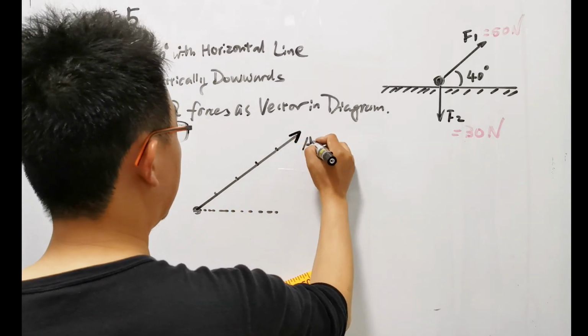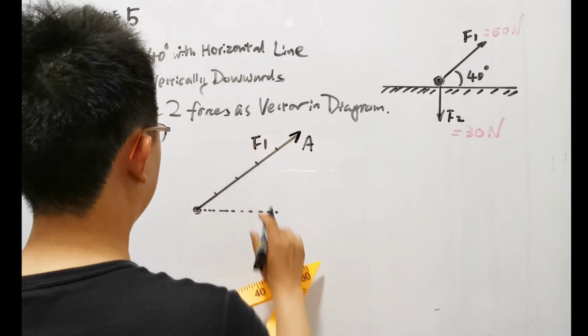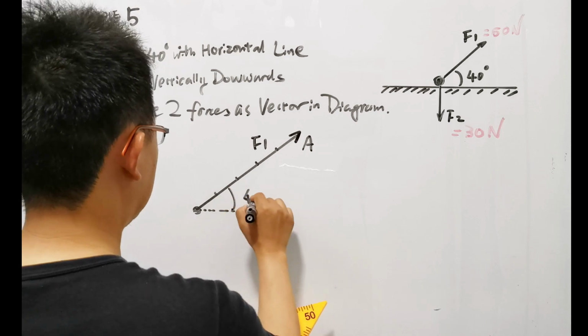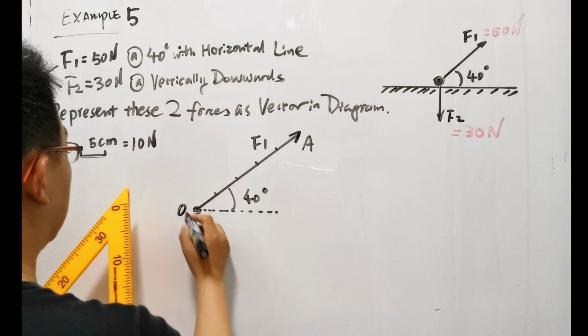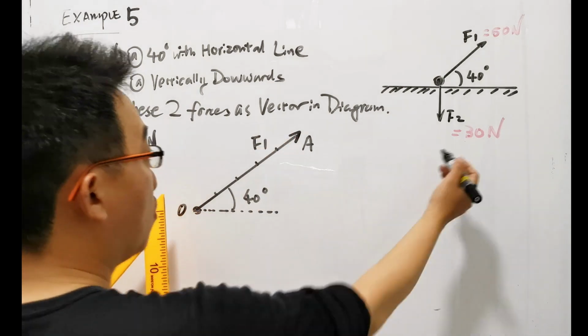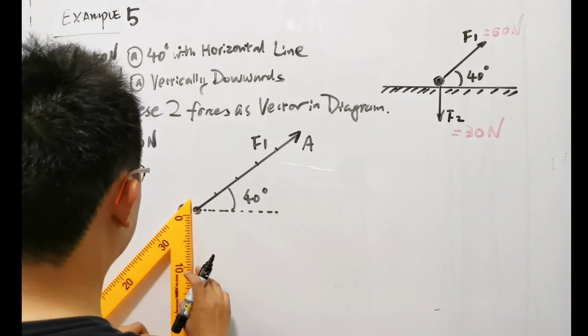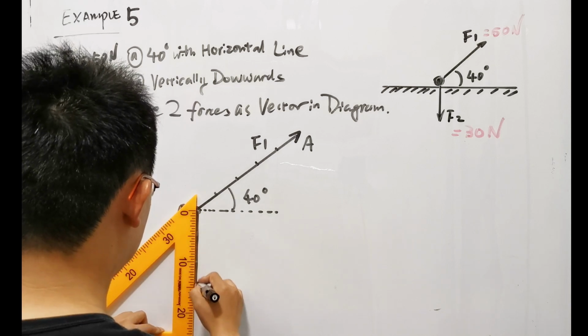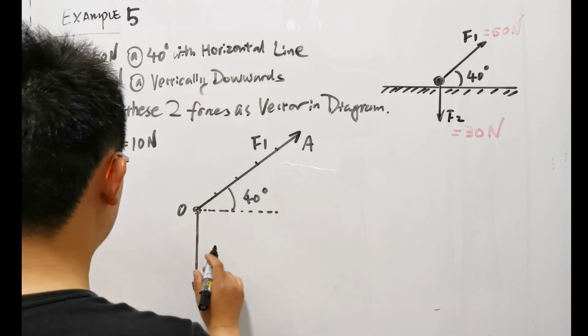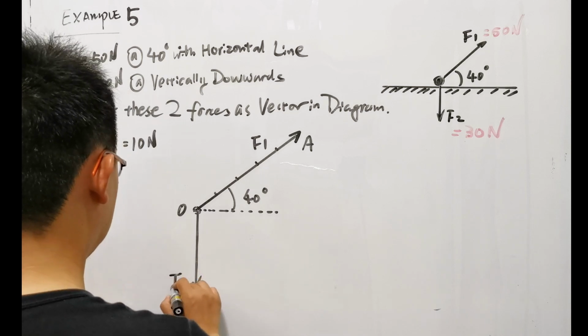So this is A, first is F1. Here is 40 degrees. The next one, you go downwards at 30, right? So it should be 3. 1, 2, 3.